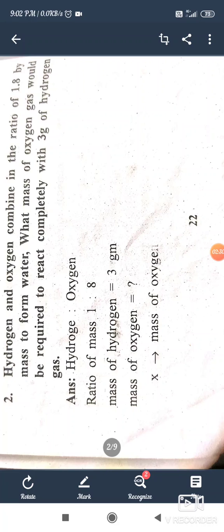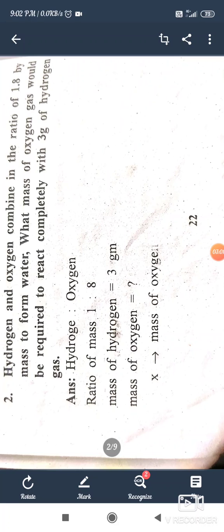So hydrogen is to oxygen. You know that the molecular formula of water is H2O, so two atoms are present of hydrogen and one atom of oxygen. The ratio of mass of hydrogen to oxygen is 1:8.